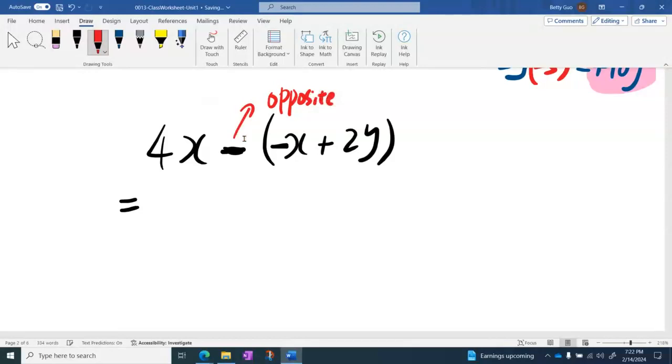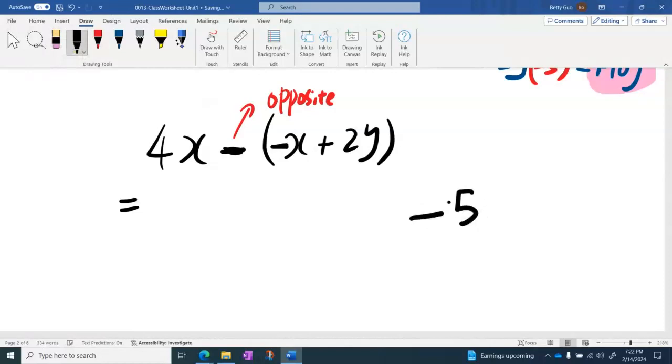For example, let's start from 5. What's the opposite of 5? Negative 5, right? So whenever you place a negative sign in front of a quantity, you get the opposite of the quantity. Let me do it again.